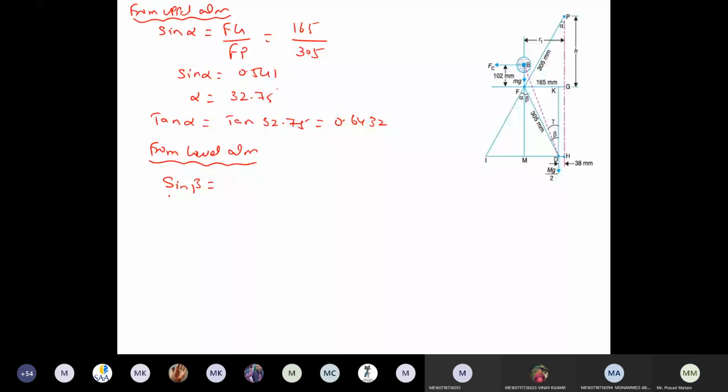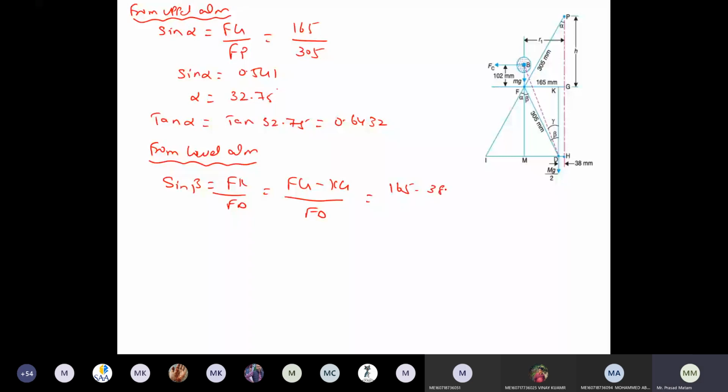Sine beta is FK by FD, which is equal to, what is FK again? FK I can write as FG minus KG by FD. What is the value of FG you are getting? 165 mm.